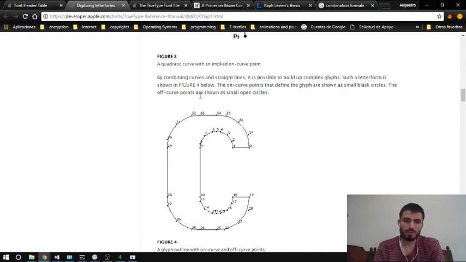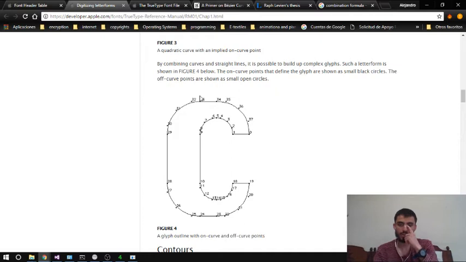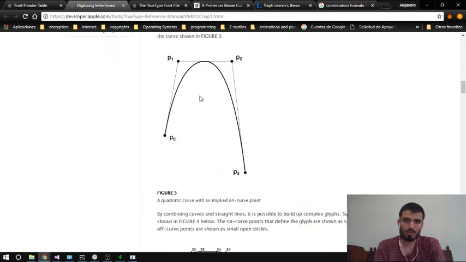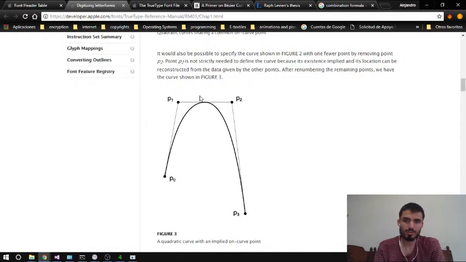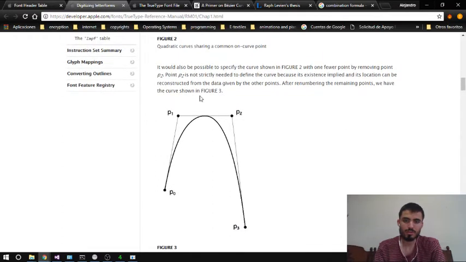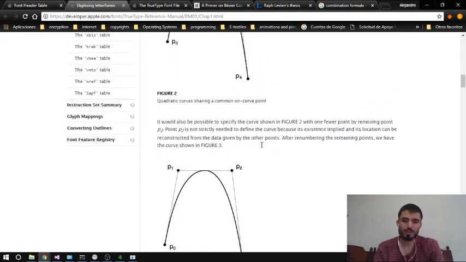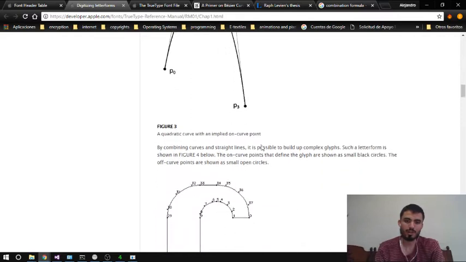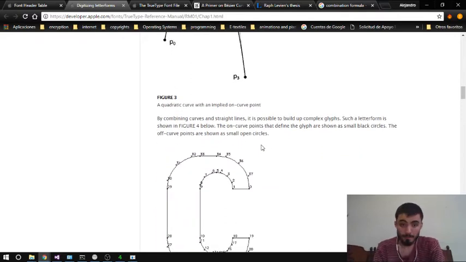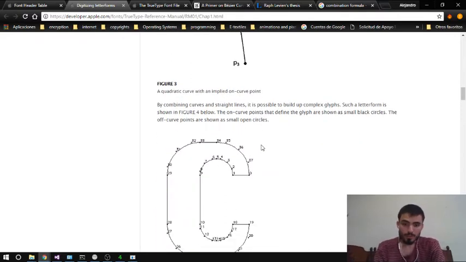The off-curve points are shown as small open circles. So the on-curve are the hidden ones and the off-curve are the express ones.